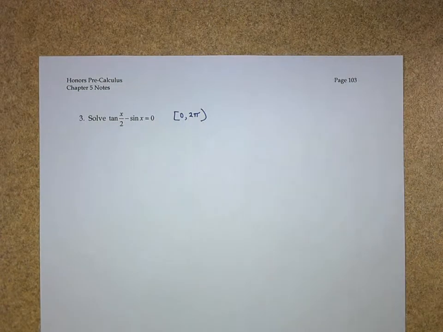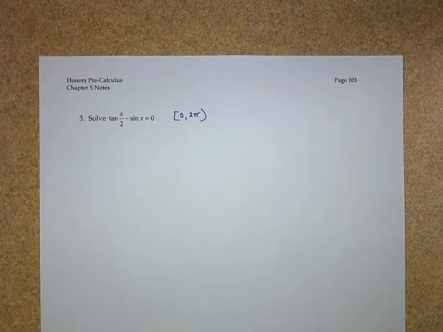So I need to begin by looking at this and ask, is there anything I can simplify? Well, sine of x is pretty simplified. But that tangent of x over 2, that's one of those half angles that we talked about. Same thing as tangent of 1/2 of x. You pull back out your stuff earlier from section 5.